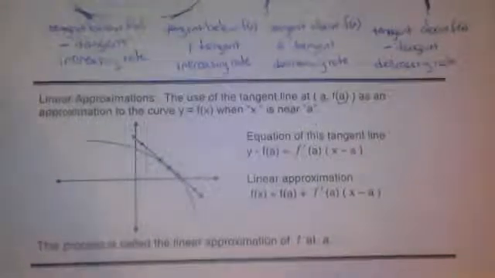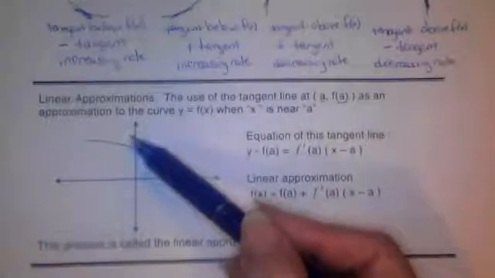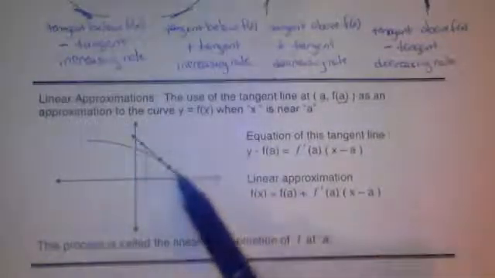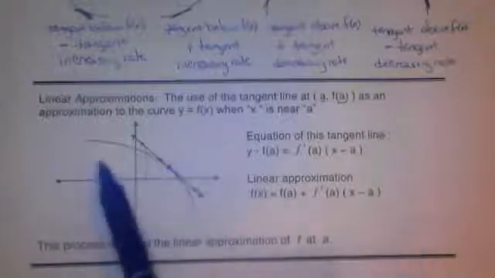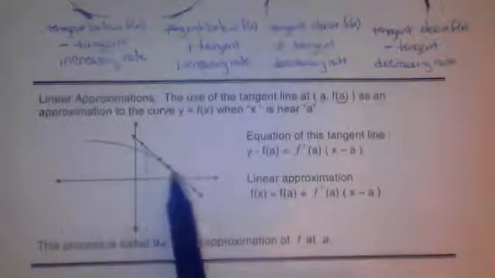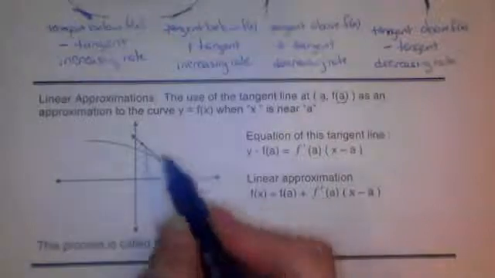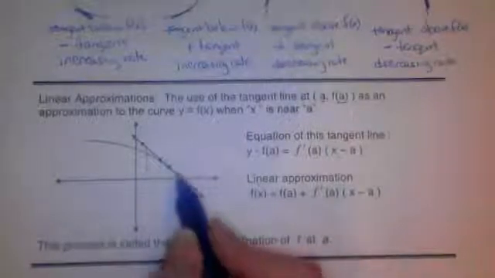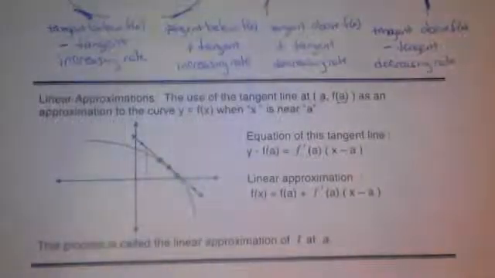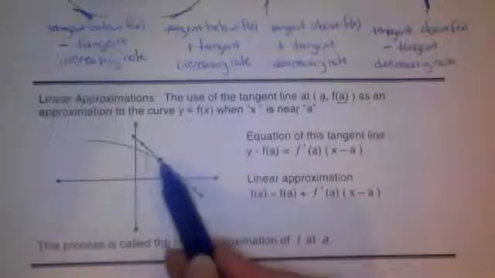And so what we're going to do is write the equation of the tangent line, and then we're going to use that tangent line to find these points on the curve, except that we're actually going to use the line. So we're actually finding the value on the line and approximating that it's pretty close to the same thing that would be on the curve at that point. So it's on the line, but it's close to the curve.